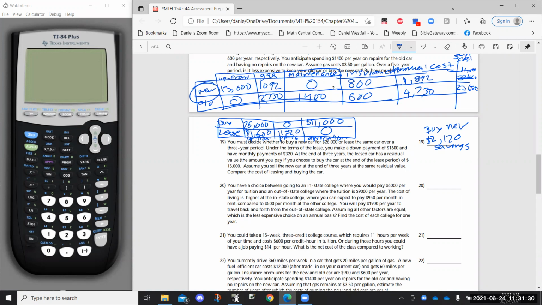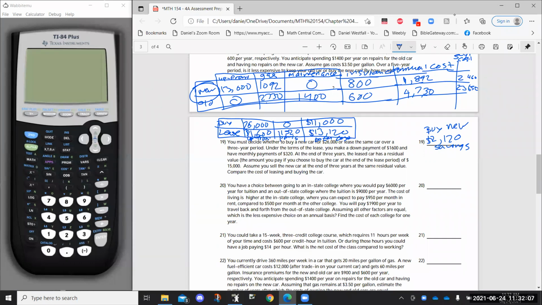I wrote that in the wrong table, but that is my total cost here, the depreciation of the $11,000. And then the total cost here, if I add these together, is $13,120. This is my total cost for owning it for 3 years.